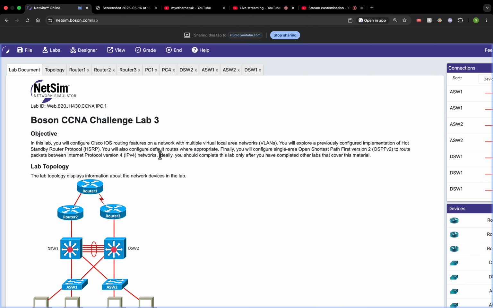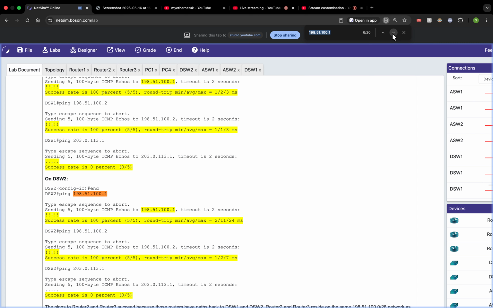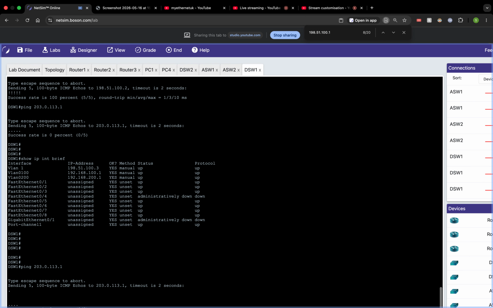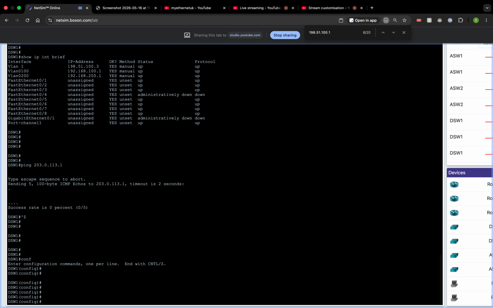On DSW1, issue the command to configure gateway of last resort through router 2's next hop IP. So that's the next hop IP of router 2, 198.51.100.1. If I go back here, 198.51.100.1 routes to FastEthernet 2/0.